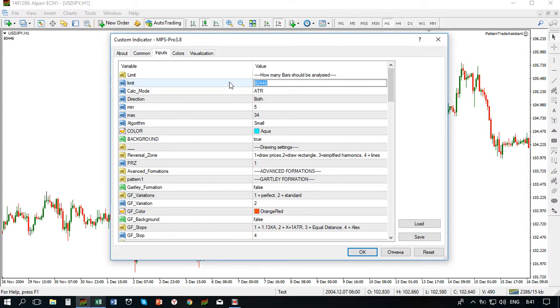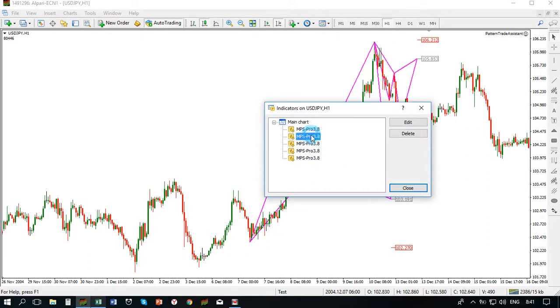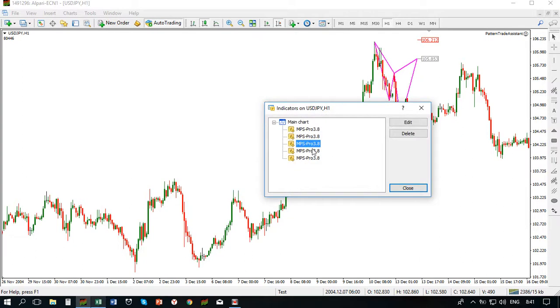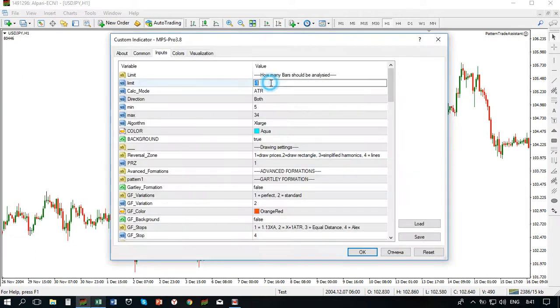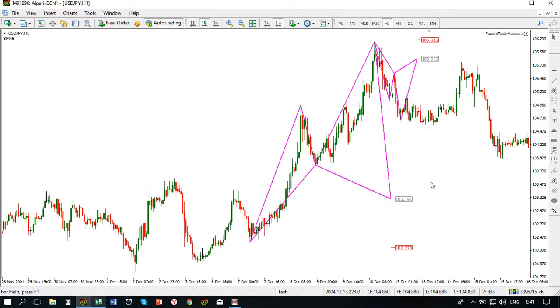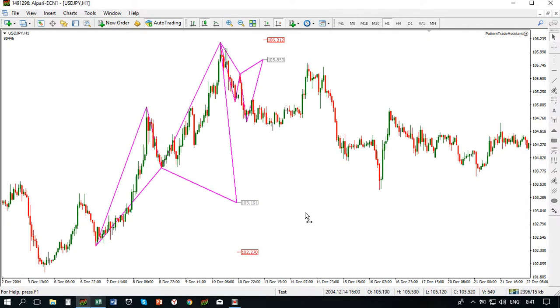Control C. But only start from this position. And this way it will work a bit faster. Okay, patterns redrawn.